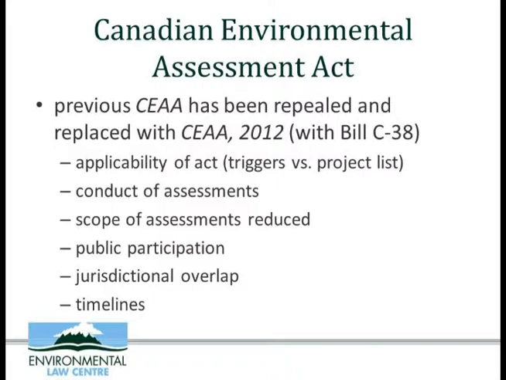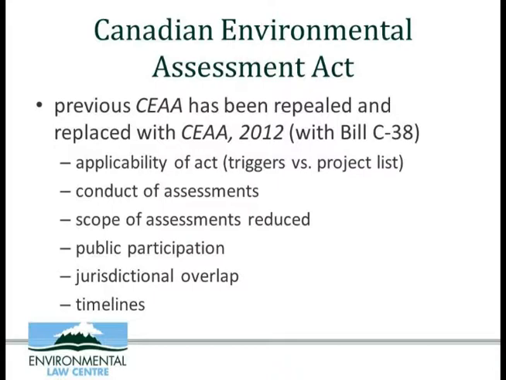And those decisions were contained within a regulation to the Act known as the law list. It included things such as issuance of a Fisheries Act approval. As well, the old CEAA could apply if there were transboundary impacts. Under the new CEAA 2012, we no longer have triggers.